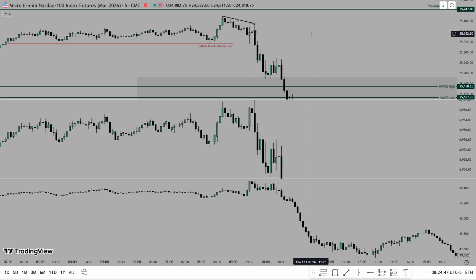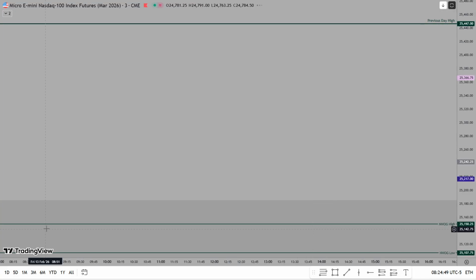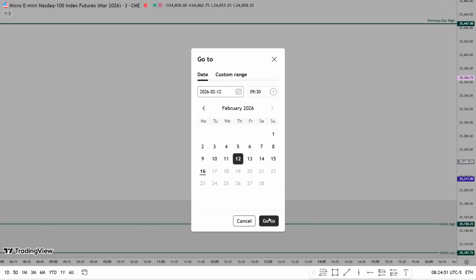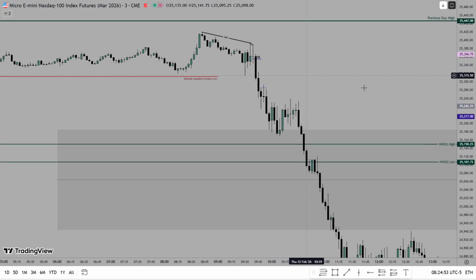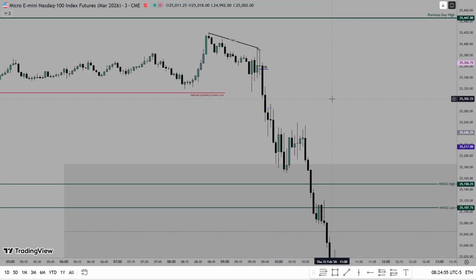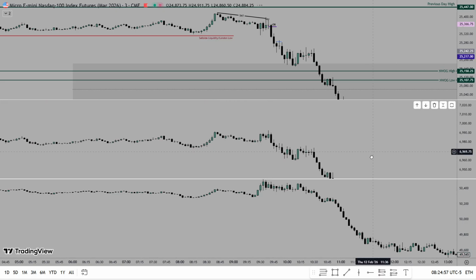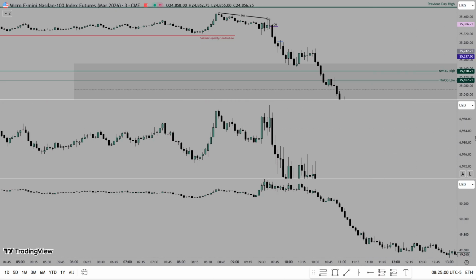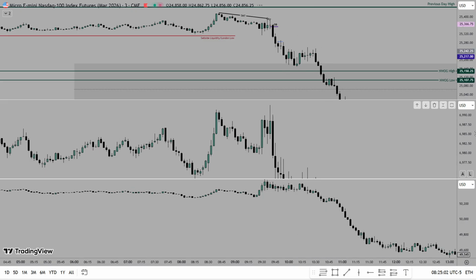There also, 2 minute. It gave the breaker block entry in the ES, but not in the Nasdaq chart.